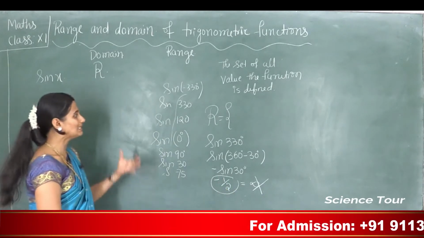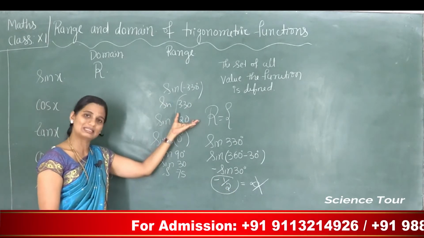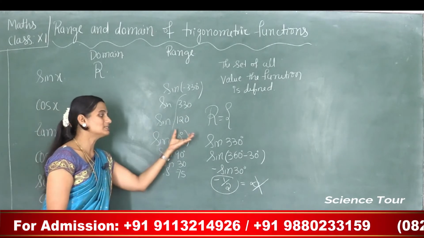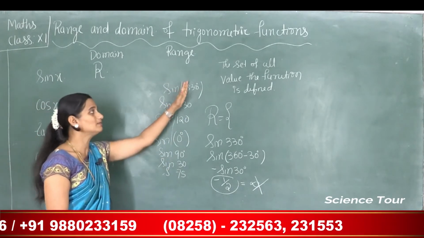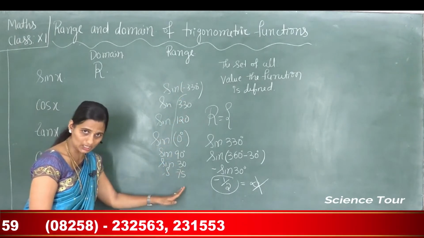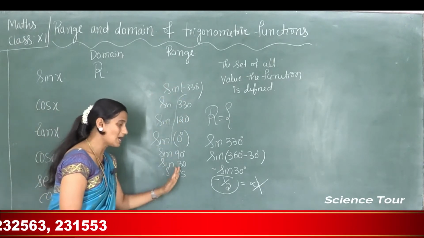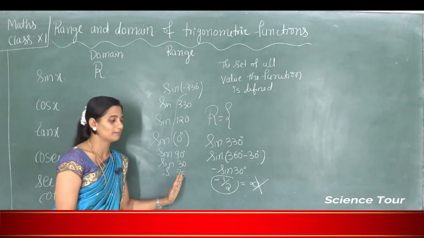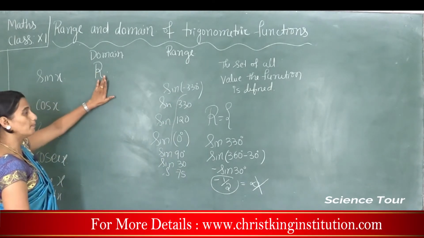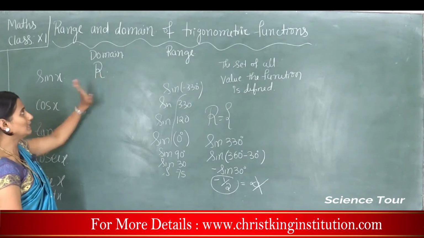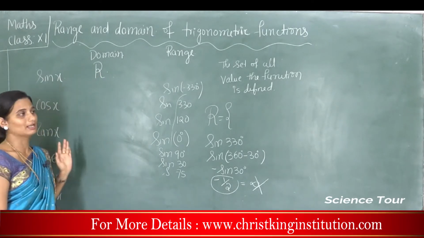So we can say that sine is defined at this point. Whatever angle you give, for each real number the function is defined. So that is called the domain. Clear? So the domain is the set of all real numbers.